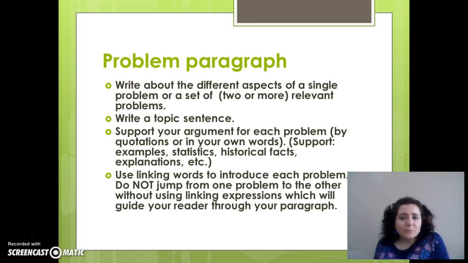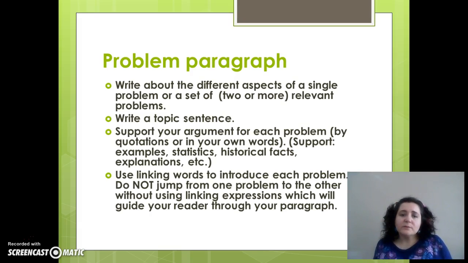So, why is this a problem? In what ways is this a problem? To what extent and under which circumstances is it a problem? Think about all of these when you're writing the paragraph, and explain briefly and clearly the details about why that particular issue is a problem.